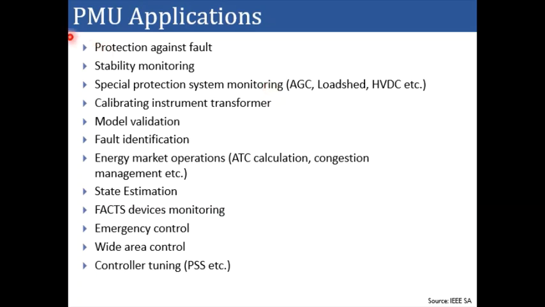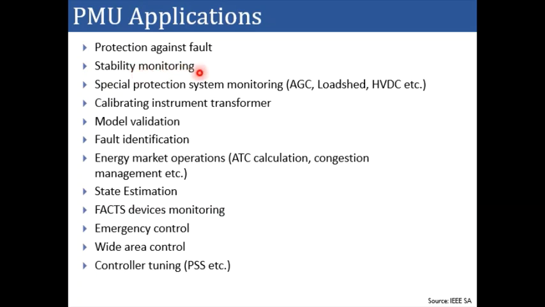Now let's talk about the various applications of phasor measurement unit. First is the protection against fault. If we have PMUs connected at various buses, whenever we have a fault, we can immediately see the response of the PMU, and accordingly we can take action. Since the PMU data reporting rate is very fast, we can get the fault information at a very fast pace and we can take actions accordingly.